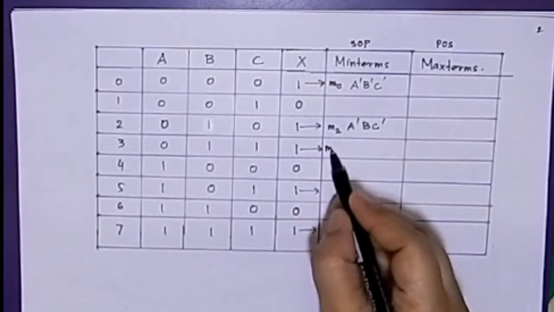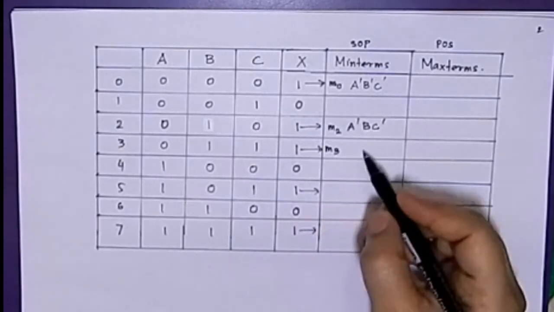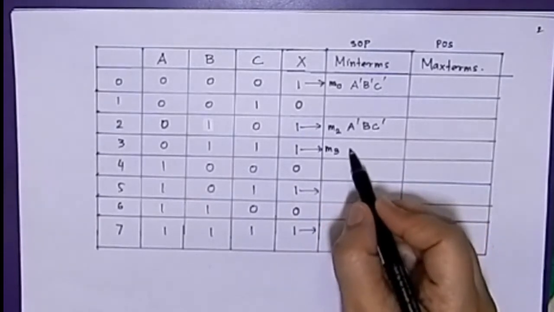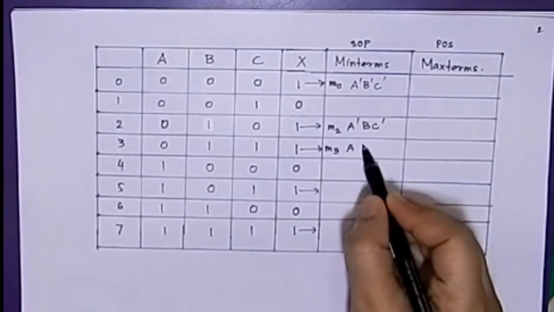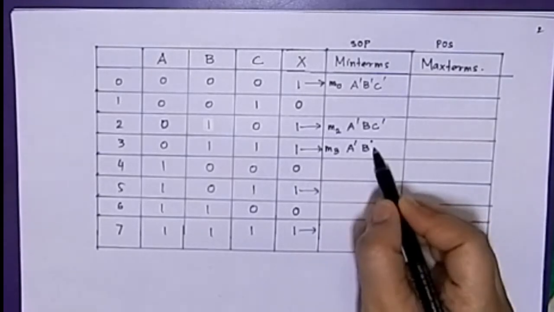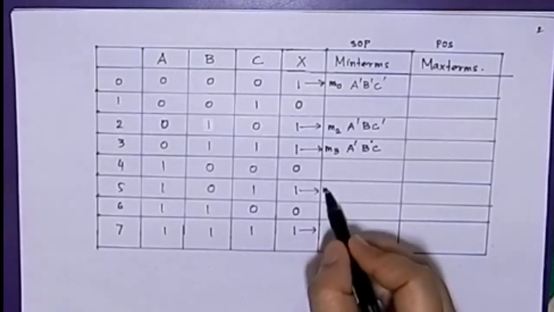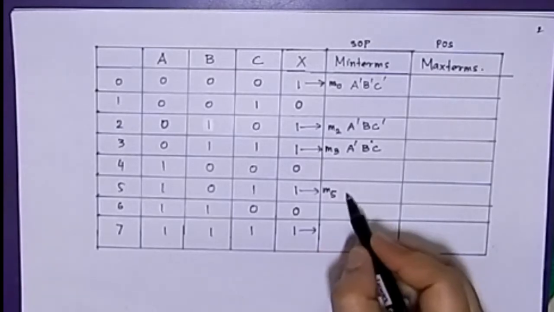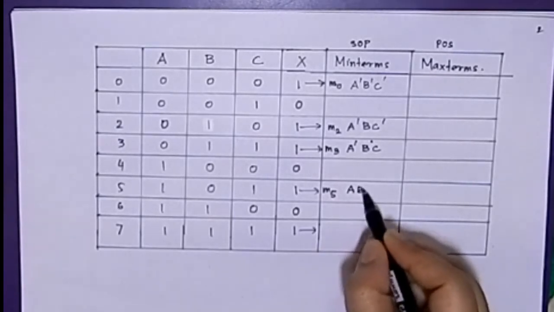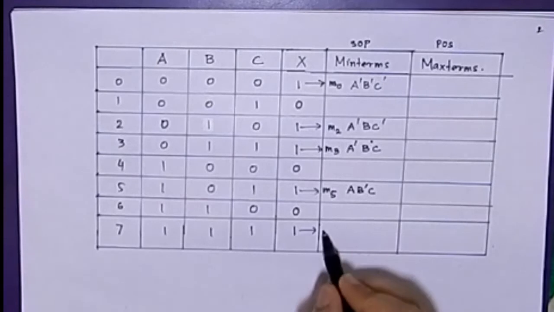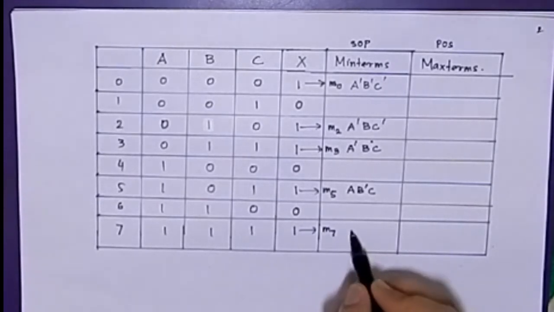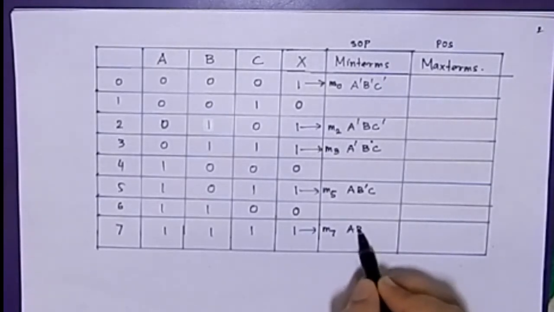Again I've got a 1 here, so this is row number 3, so M3. So that is A dashed, B, C. I've got another 1 in M5, so that will be A, B dashed, C, and finally in M7, which is A, B, C.